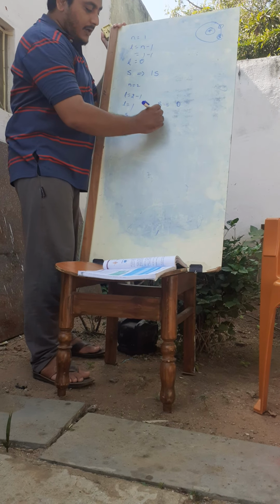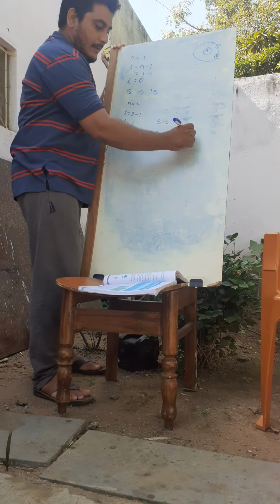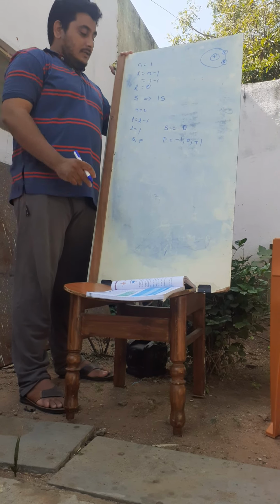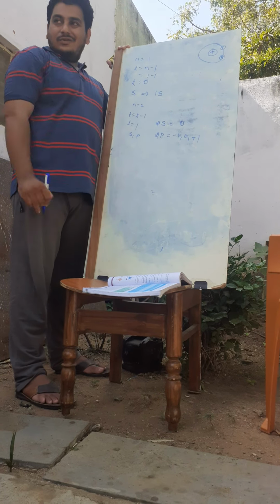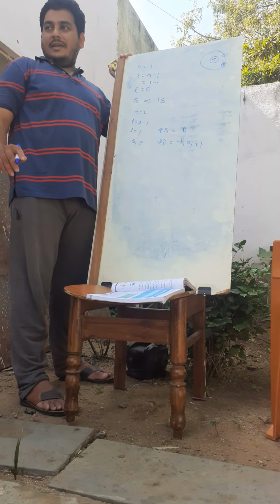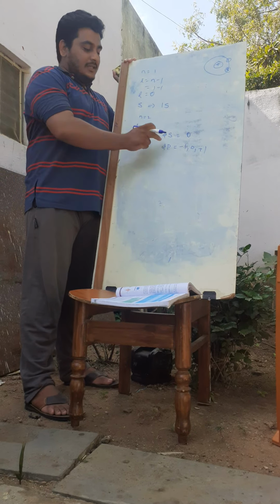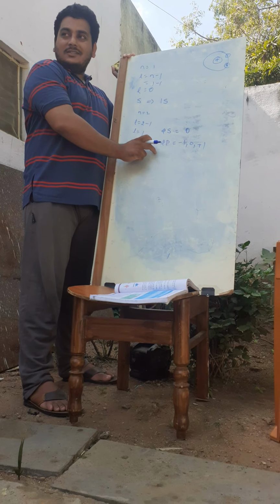When coming to the p orbital, it will have 3 values, that is minus 1, 0, plus 1. It means that it is 2s and 2p. He is telling you that in the second orbit only two things are present, the s orbital and p orbital, that is 2s and 2p.